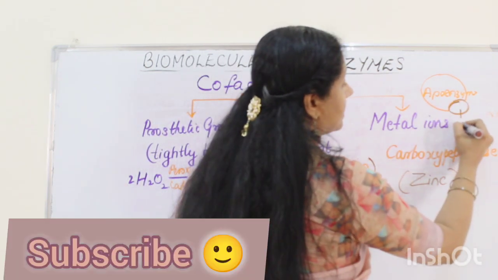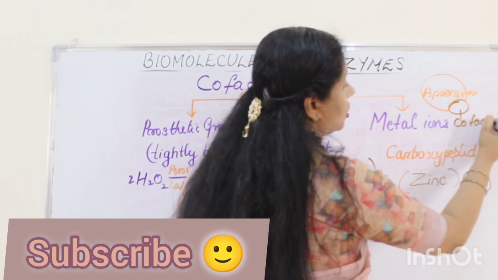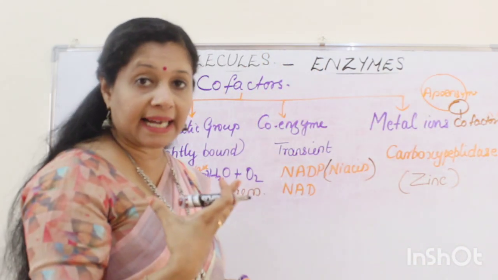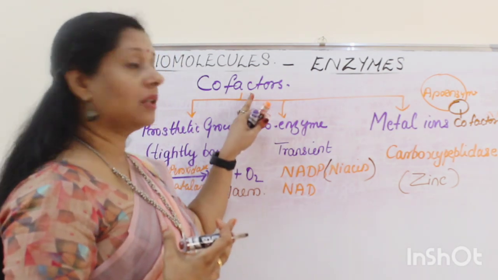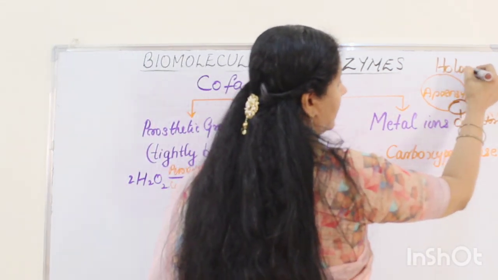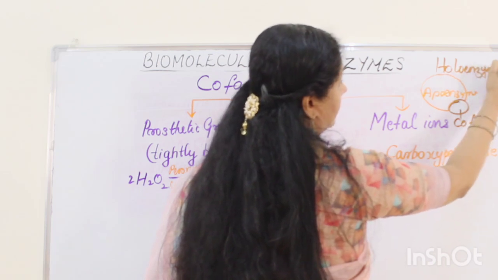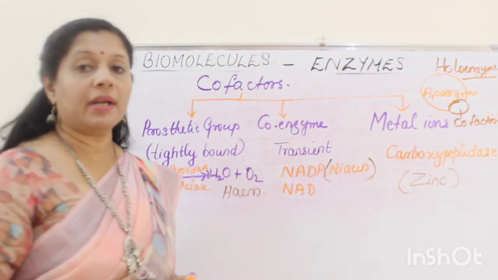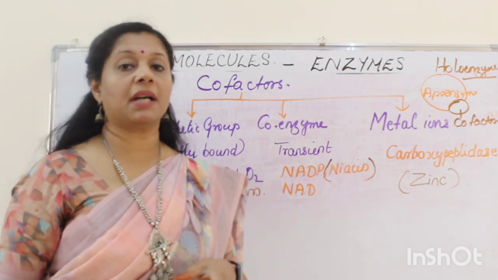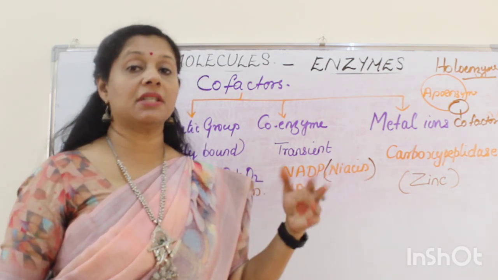This can be called a cofactor. So the cofactor binds with the apoenzyme to make it active. So now it is called a holoenzyme or the active enzyme.